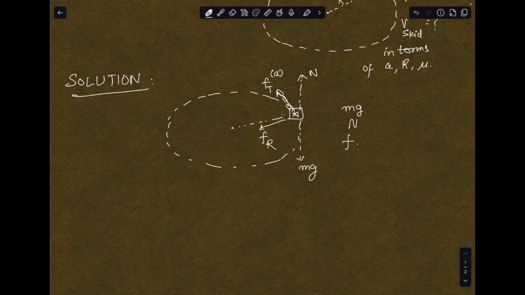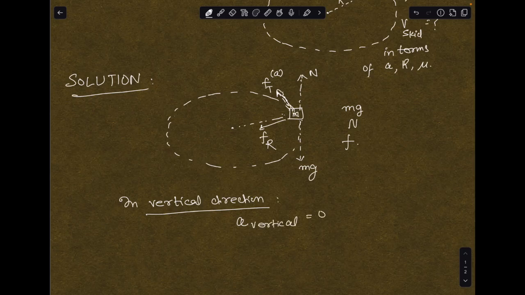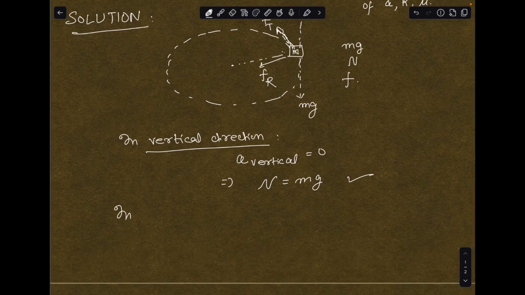Now, in the vertical direction, acceleration is 0, and hence n equals mg. So this is one result. This is easy. Let's look at the tangential direction.